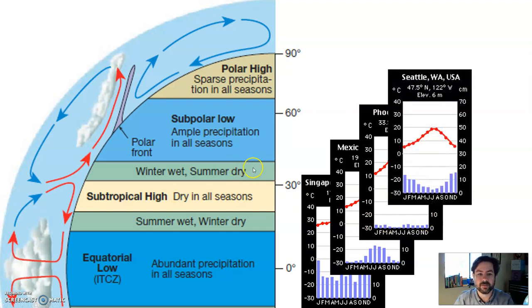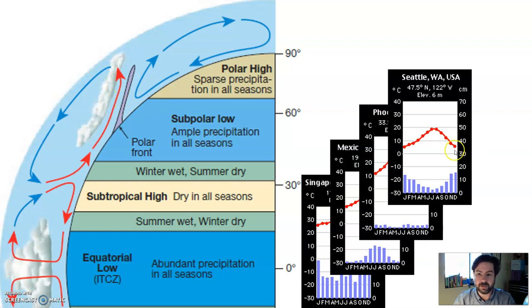A little bit further north, just above the subtropical high: wet winters and dry summers. This is what we see in Seattle. A little bit bigger range because we're getting further from 0 degrees latitude, from the equator. In the next one, the subpolar low, it's low pressure because air is rising away from the surface, relieving the pressure.